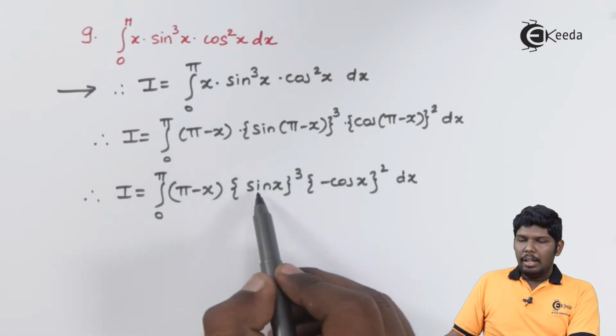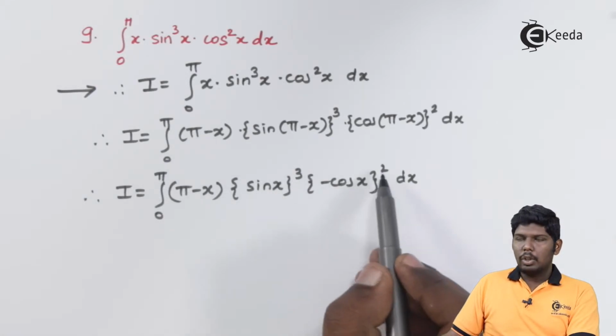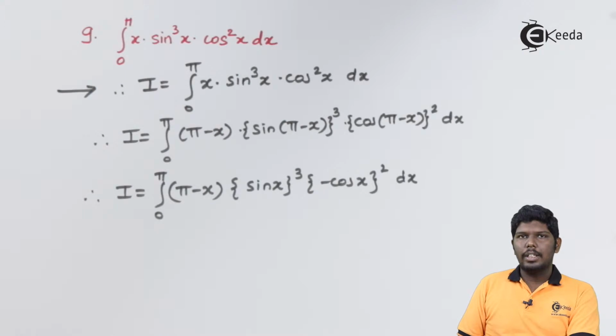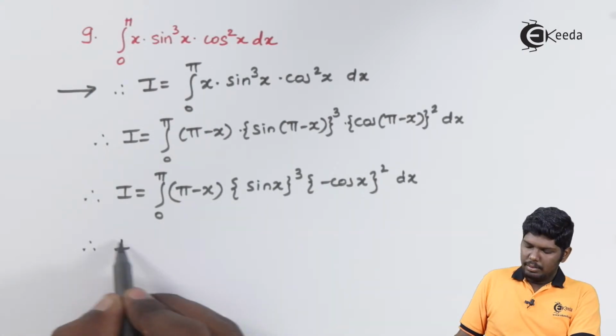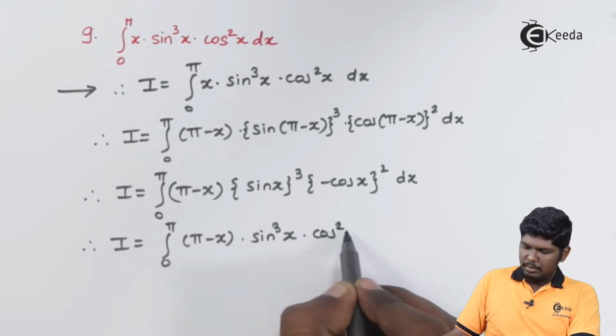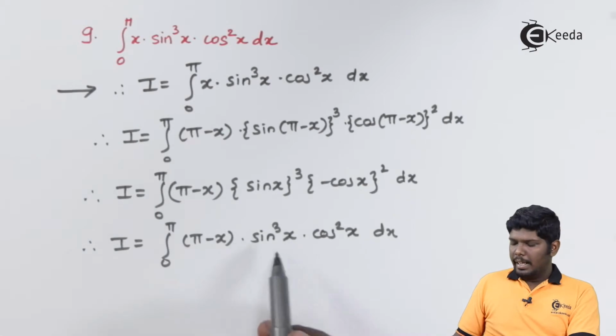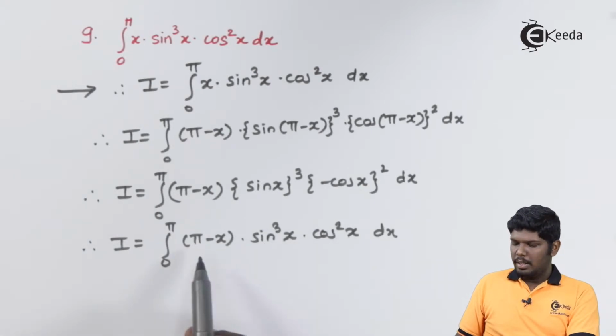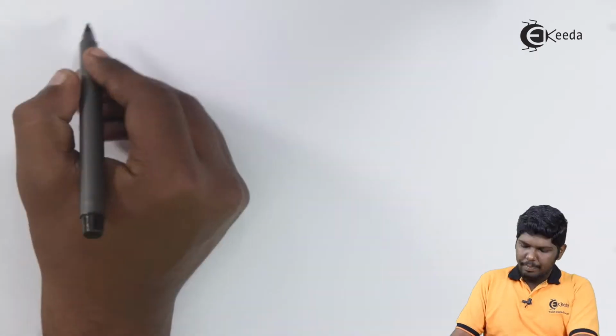Therefore, here we have sin x the whole cube, and minus cos x the whole square will give you cos x the whole square, as the square of a negative sign will become positive. Now let us multiply sin cube x and cos square x with both the terms present in the bracket.